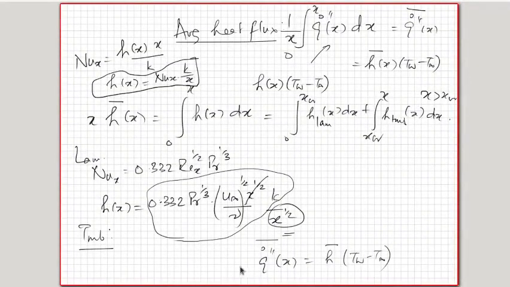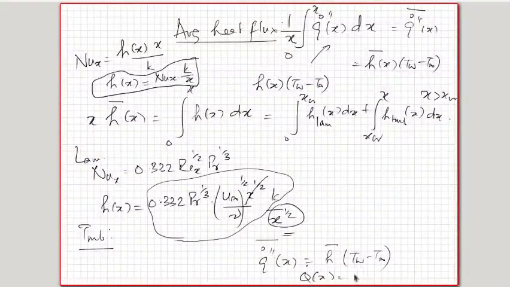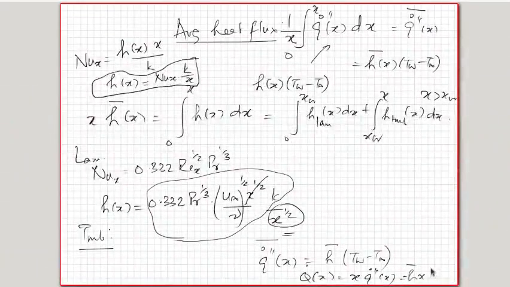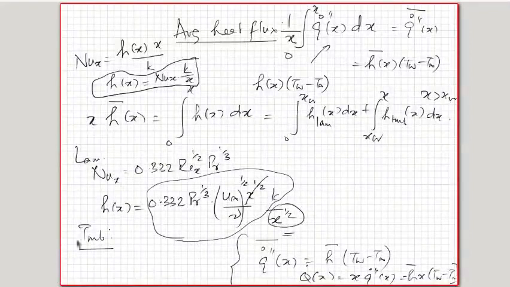Okay, and the total heat transfer would be equal to Q dot up to any x. This will be equal to x times q dot double prime, which will be equal to h bar x into T wall minus T infinity. Okay, so that is how we evaluate the overall heat transfer and overall shear stress.